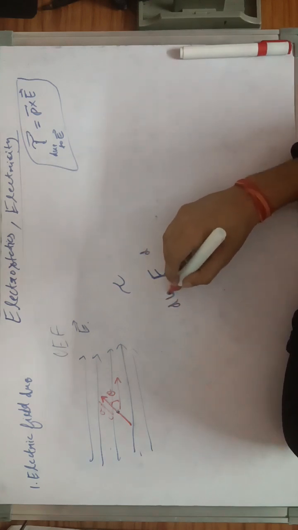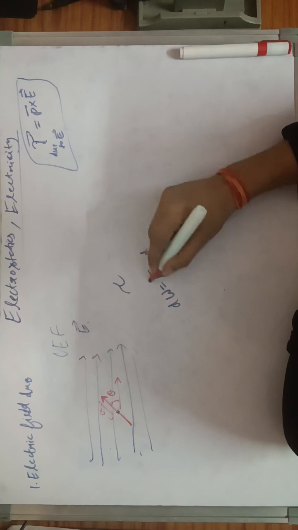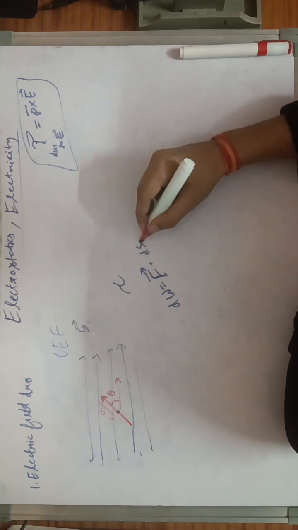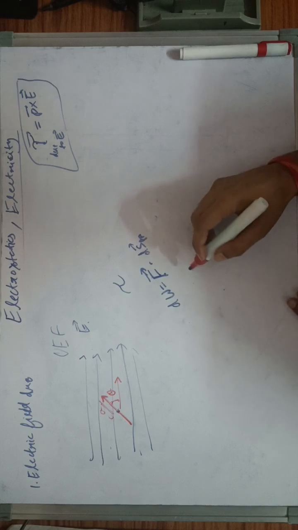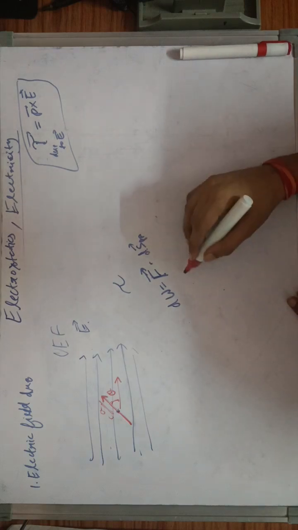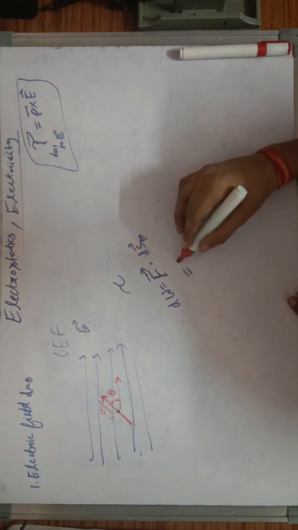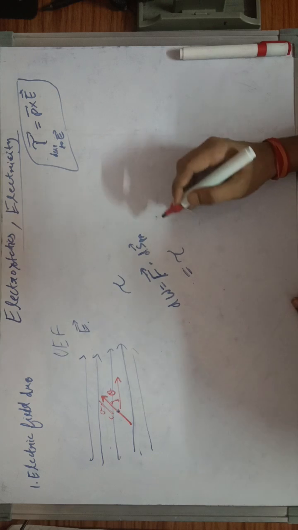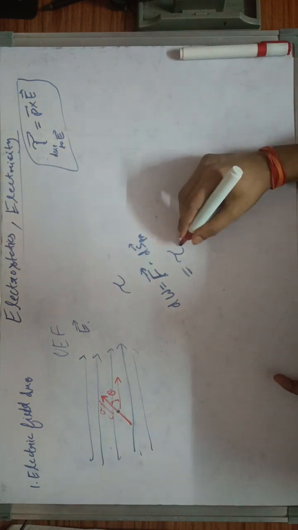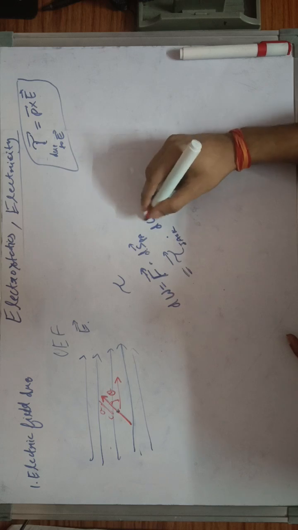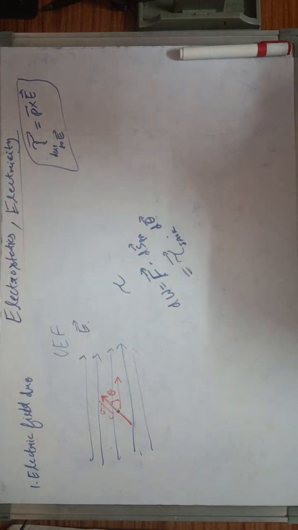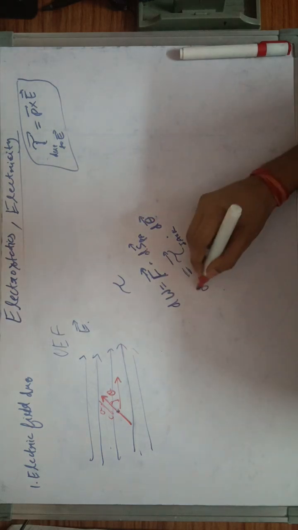The work done can be written as dW is equal to F dot ds, and this can also be written as torque dot d theta, and this will give the work.